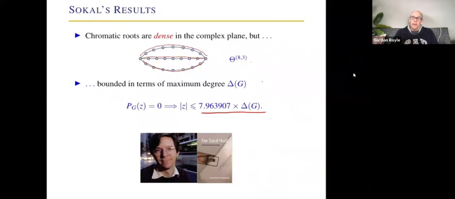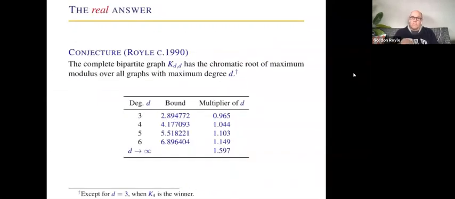You can't have any chromatic roots far flung. This 8 is certainly wrong. I mean, it's too big. The reason I say it's too big is because I know what the answer is, but I have no way of proving it.